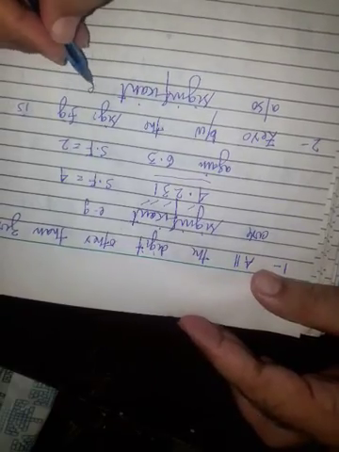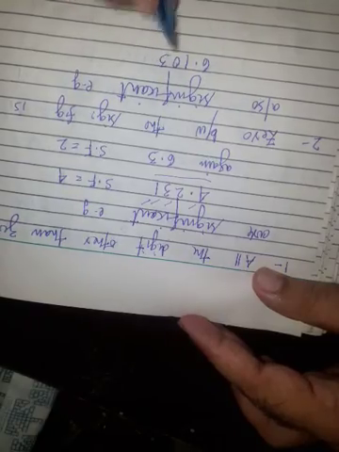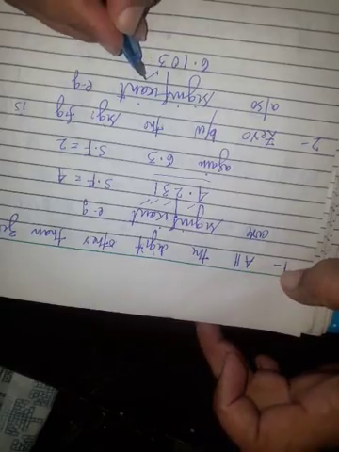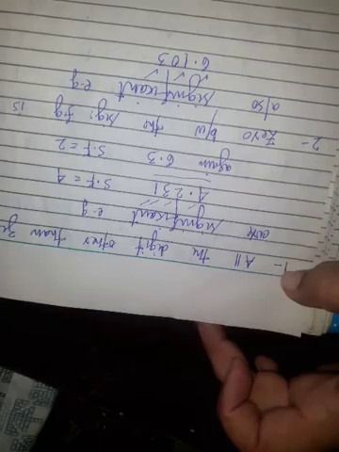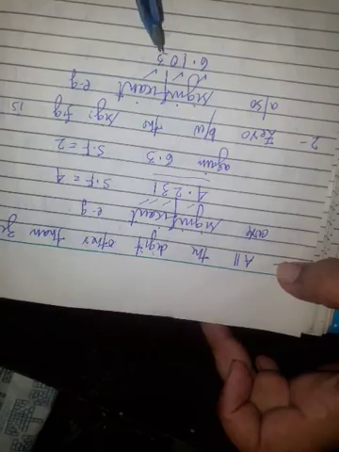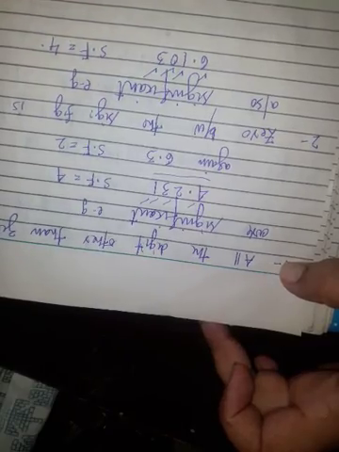For example, 6.103. So apply rule number 1. 3 is significant, 1 is significant and 6 is significant. Now apply rule number 2. 0 is between 1 and 3, which are significant. So this 0 is also significant. The significant figures are 4.